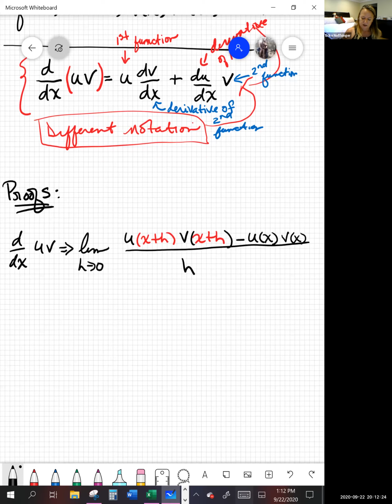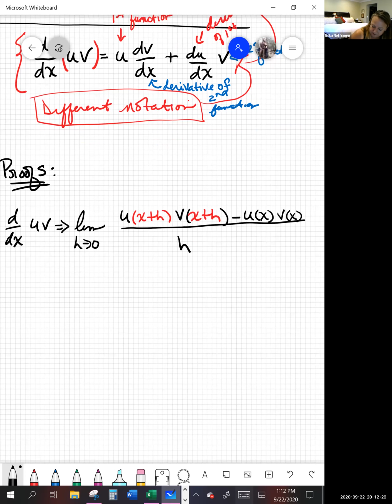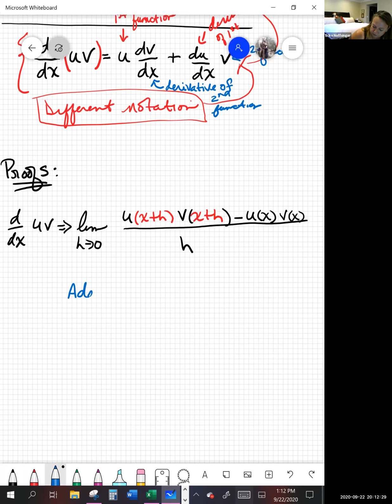Okay, so this is where we want to add 0. But our 0 is going to be negative u of x plus h times v of x plus u of x plus h times v of x.